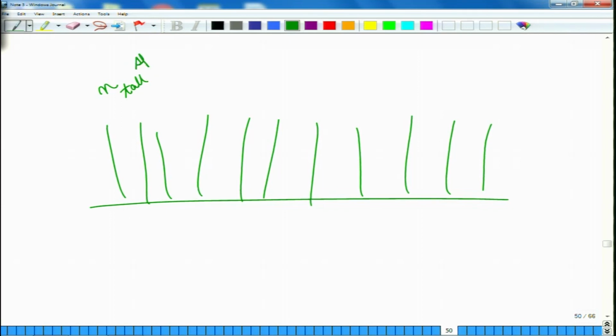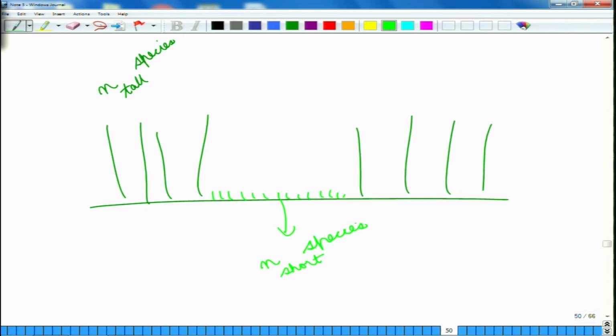Now if you make your livestock graze away this area, and because this area was preferentially grazed away, some small grasses come up into this area. These small grasses would then support another number of species, let us call it n short, for the short grasses.